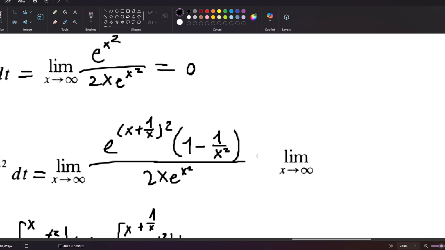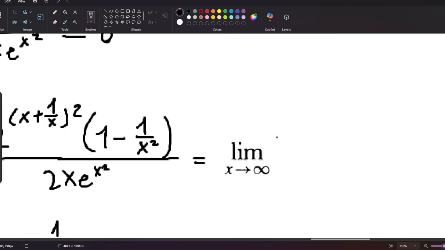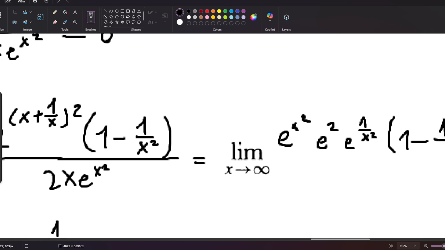So let's continue with the limit evaluation. We're going to have e to the power of x squared times e squared times e to the power of 1 over x squared times (1 minus 1 over x squared), over 2x times e to the power of x squared.